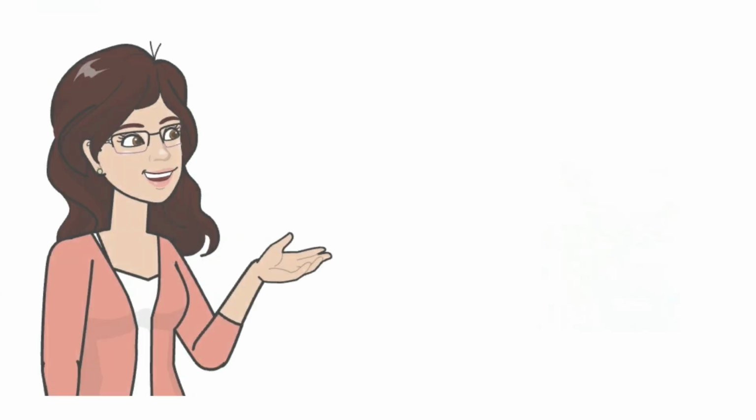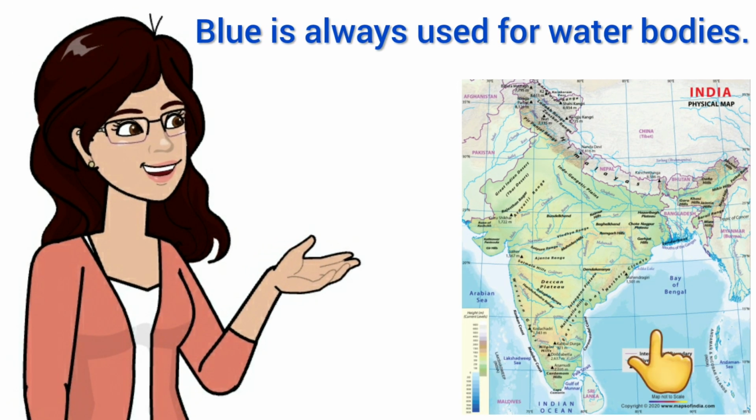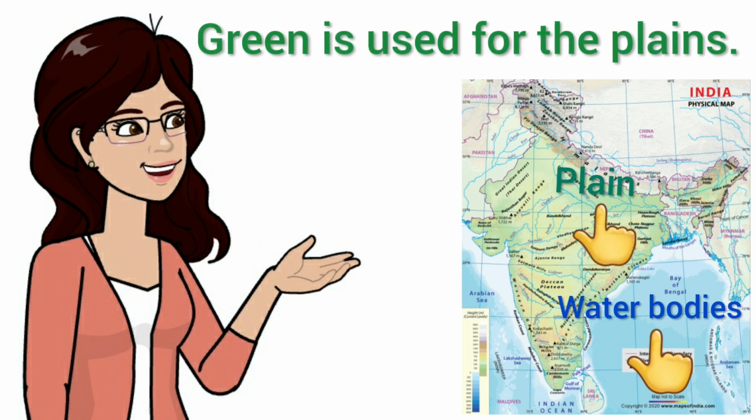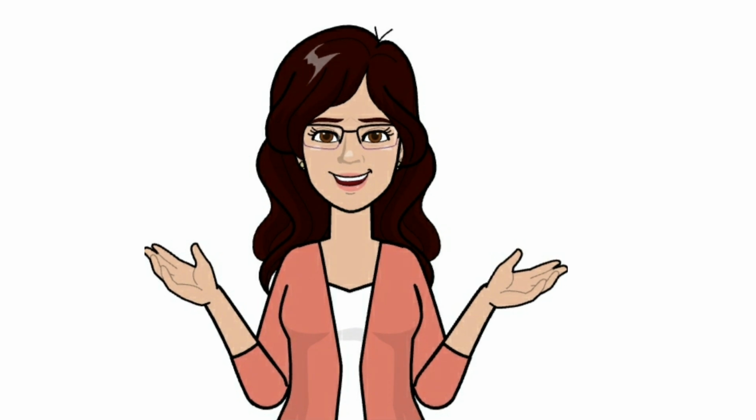For example, blue is always used to show water bodies, and green is used for the plains, which you can see over here on the map. Thus, these signs and symbols are called conventional signs and symbols.